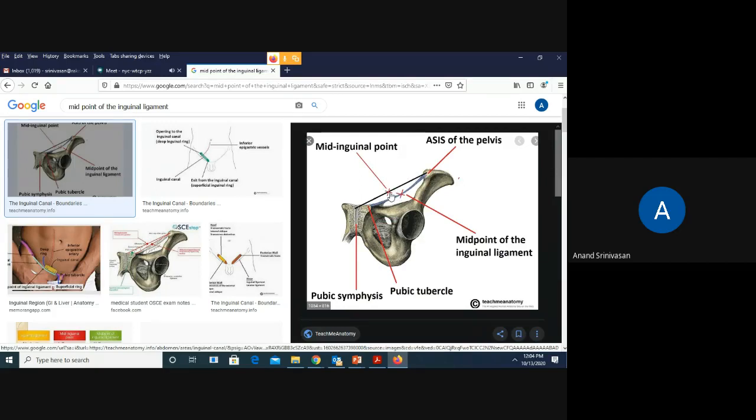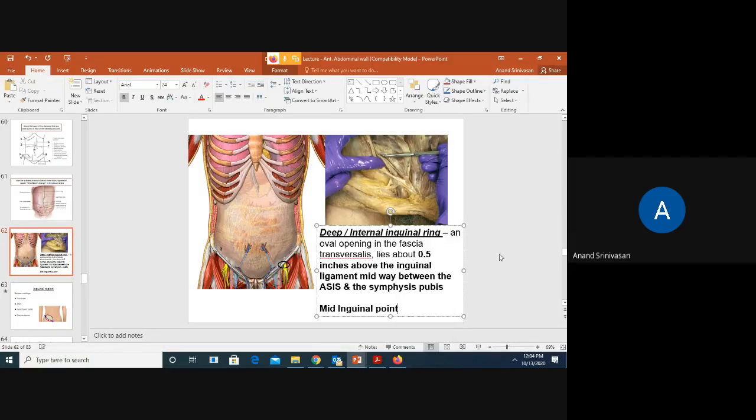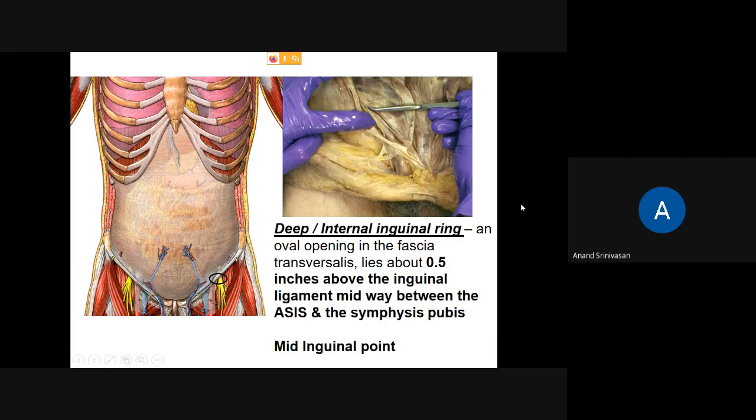The midpoint of the inguinal ligament is different; it is from the anterior superior iliac spine to the pubic tubercle. Usually the midpoint of the inguinal ligament is the reference point; half an inch below it will be the femoral artery. Whereas half an inch above the mid-inguinal point will be the deep inguinal ring. You might be asked in multiple choice questions whether it is the mid-inguinal point or the midpoint of the inguinal ligament, so you need to know that.